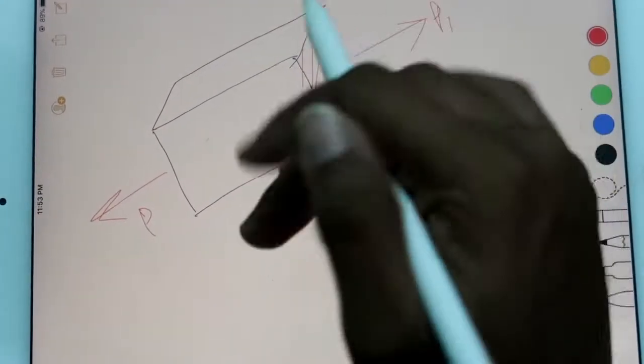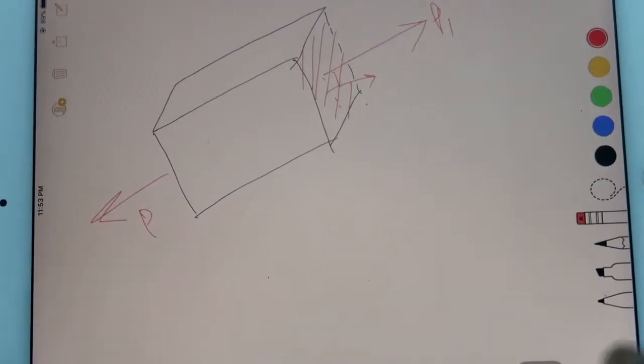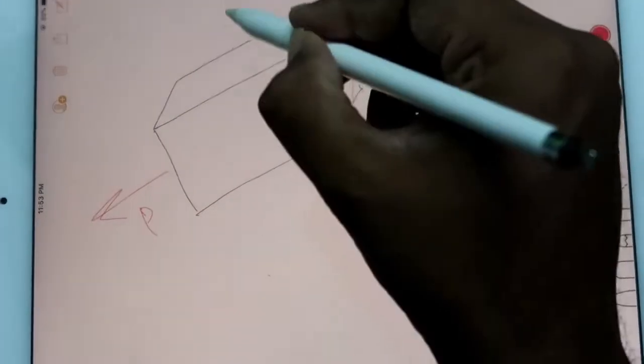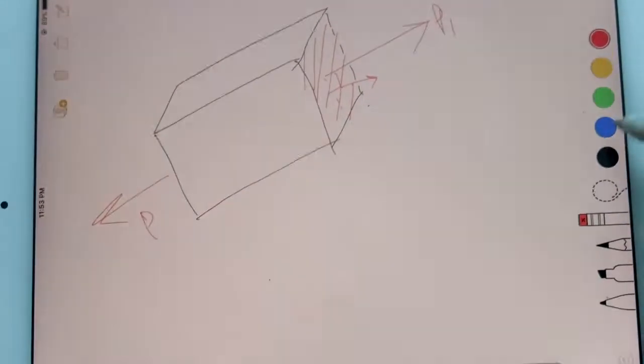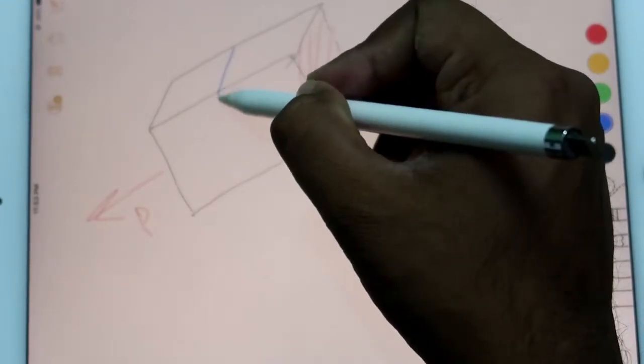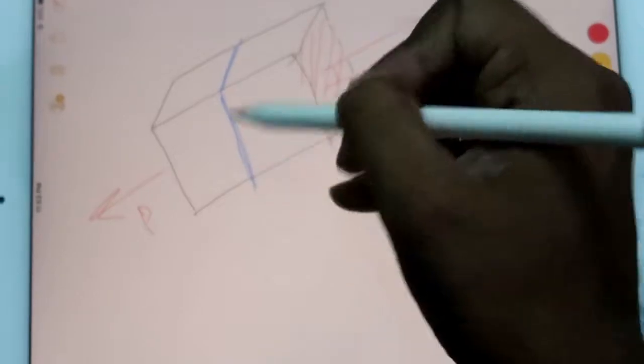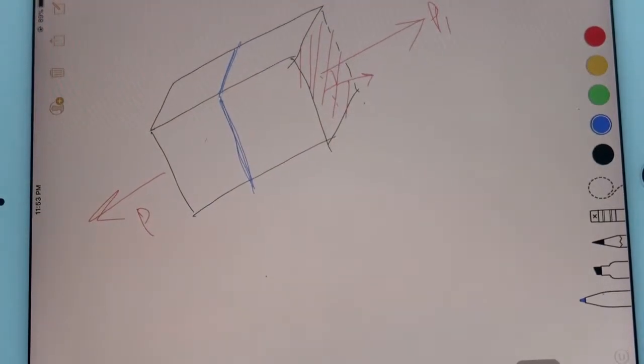So the force is acting on two sides. Now I cut the section in this manner. So what will happen, guys?